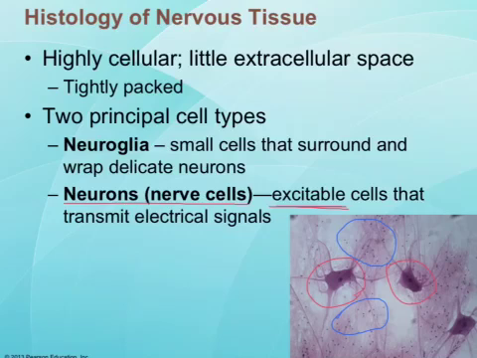They are not excitable, but they are very important because they support all those nervous tissue functions. They support nutrition and protection, giving all that the neurons need. That is the neuroglia, or neuroglial cell.